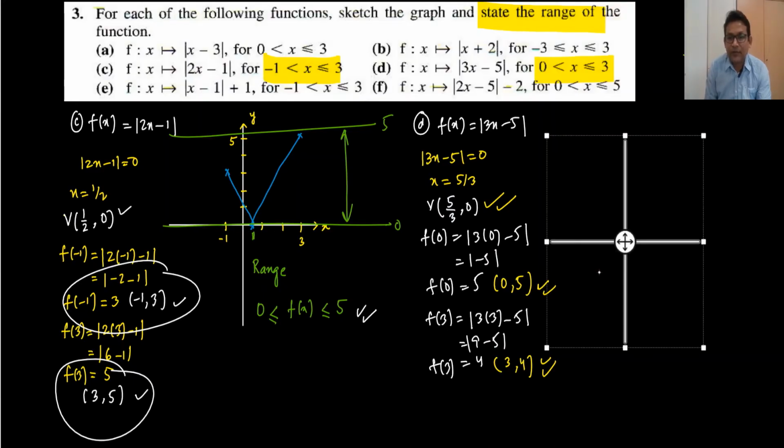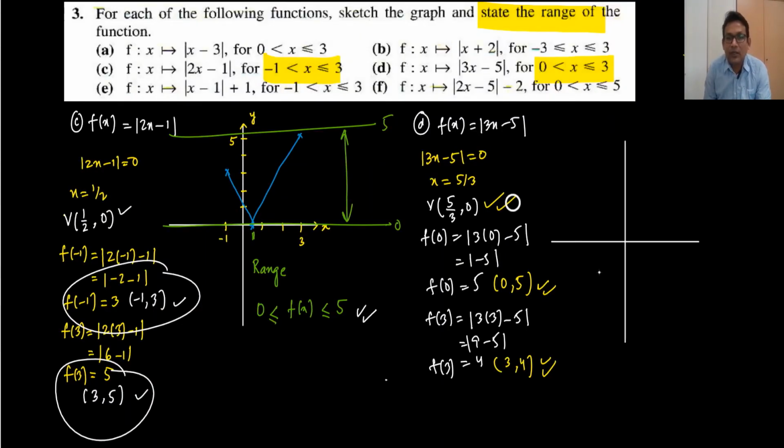Okay, now we have to do the sketch. The domain is 0 to 3, so 0 till here is enough. This is the graph till here. This is the y-axis, and the maximum value of y is 5, with 0, 5 and 3, 4. So the maximum value is this 5, and that's enough.